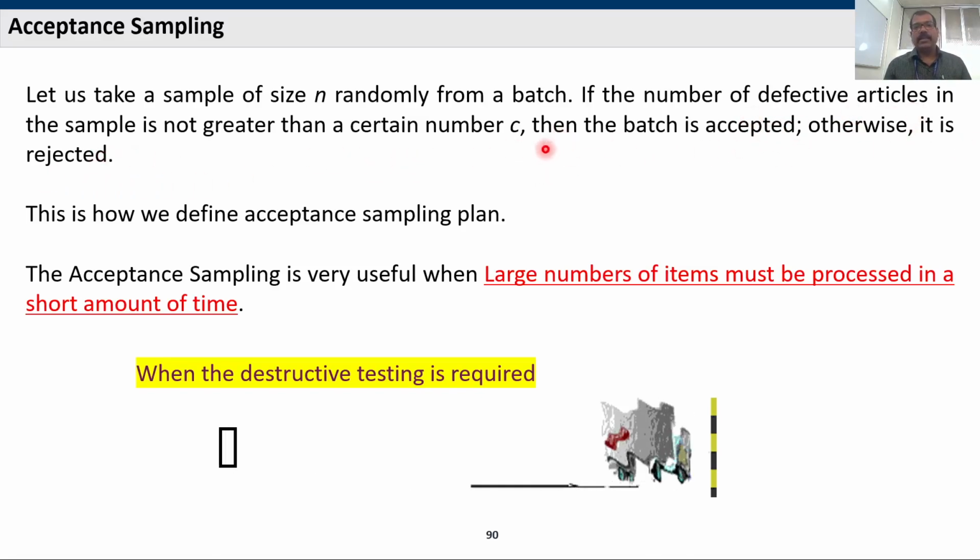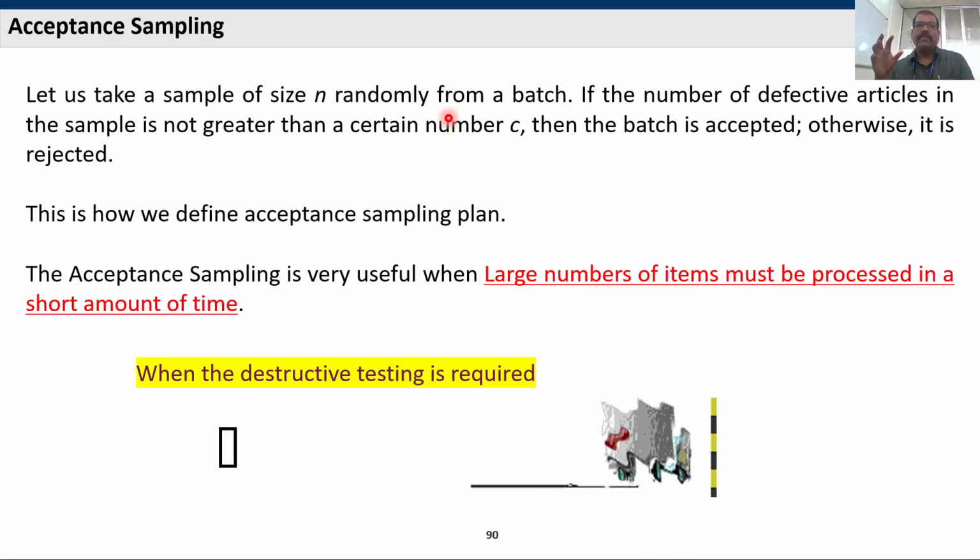Otherwise, it is rejected. For example, out of 100 samples, if defective items are more than 5, we have to reject. Less than 5, we can accept. That is how we set it. That one we discussed in control charts, how to set the upper control limit, lower control limit, and central limit.